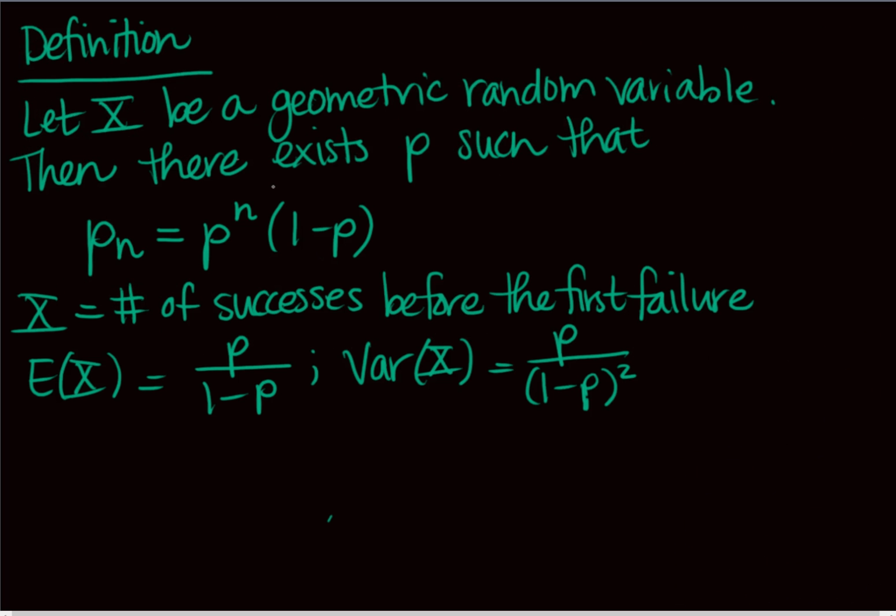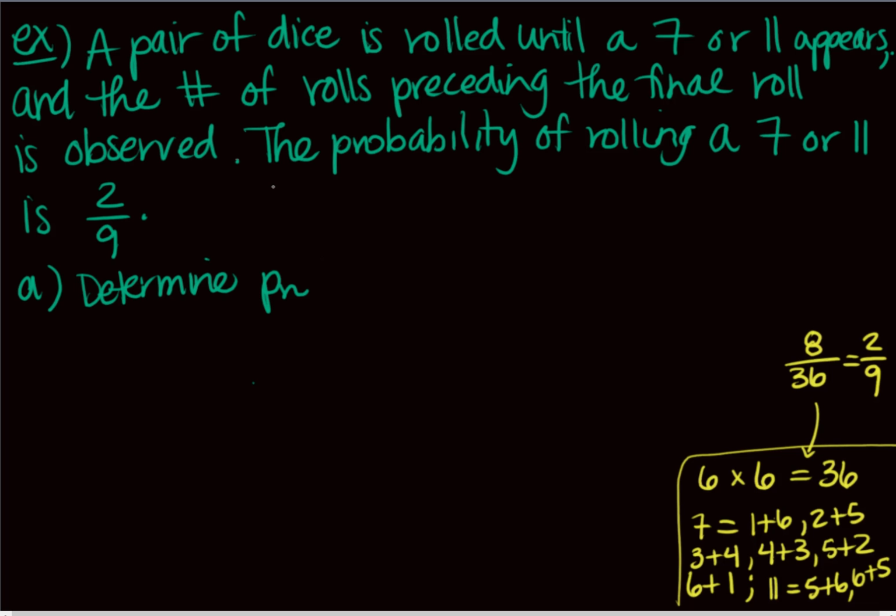And I know this is going to be weird, but for us, in this case, what is a failure? That is going to be 2/9. So what is a success? Well, any of the other ones is going to be a success. So the success would be anything that is not a 7 or an 11.